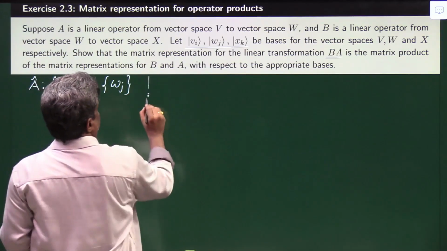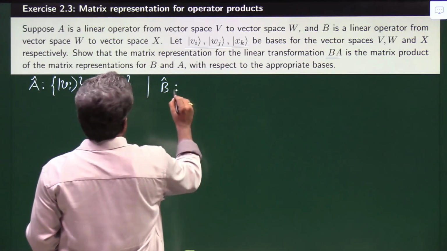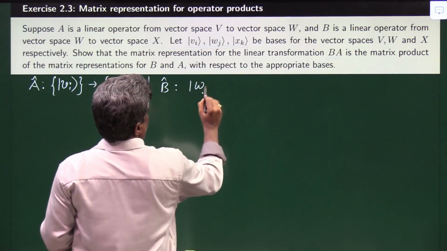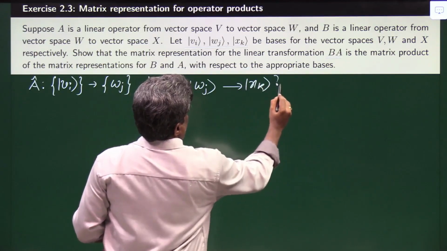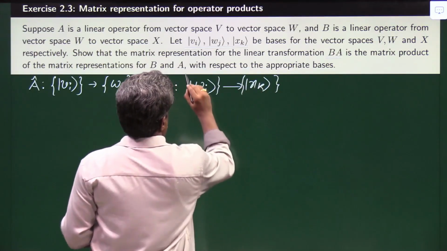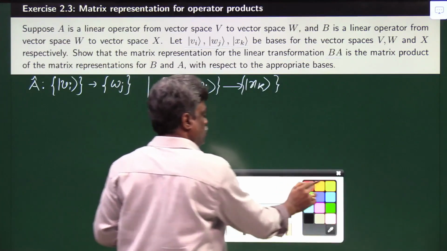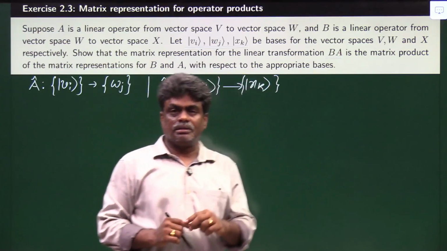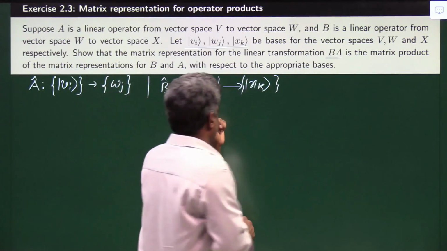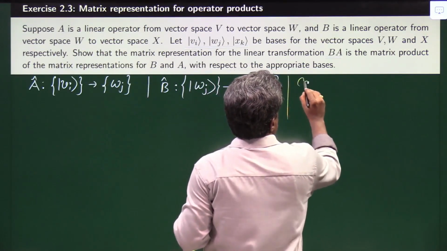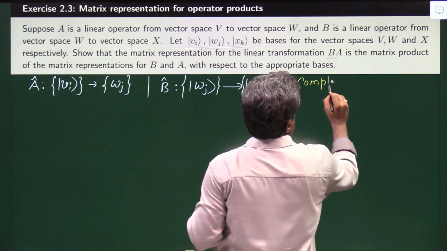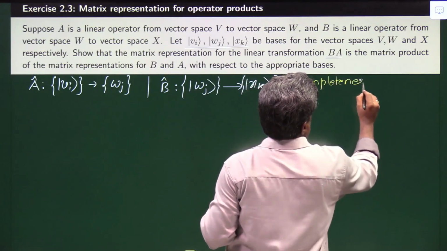And similarly, B operator is a linear transformation which is transforming Wj to Xk. So it's just like a change of basis. If you want to do this changing of the basis, we need to use the completeness rule. Let me explain what this completeness rule is.